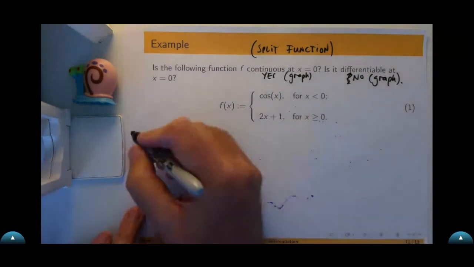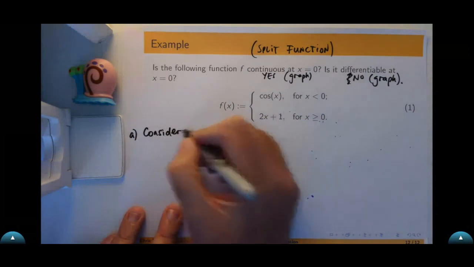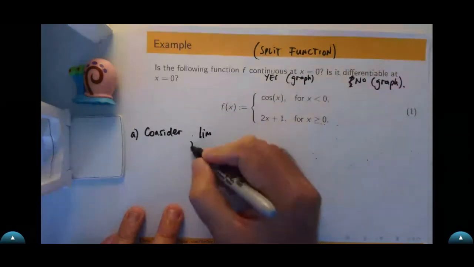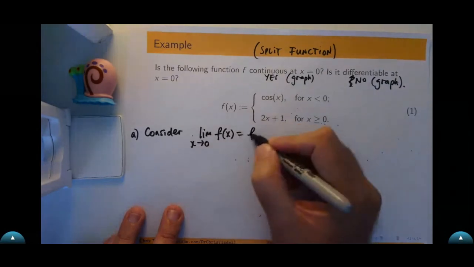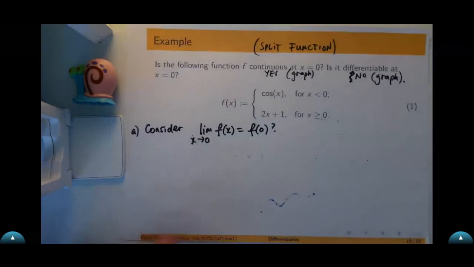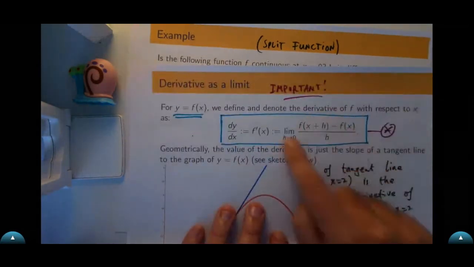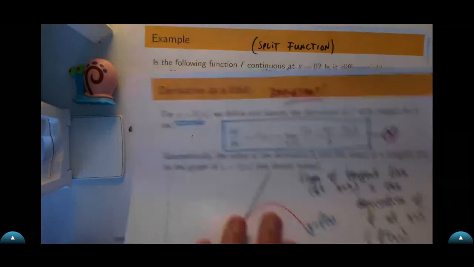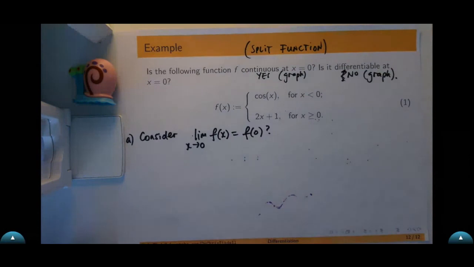So for the continuity, we want to consider this. And for the differentiability, we want to see if this limit exists at x equals 0. Okay, so let's work through that.